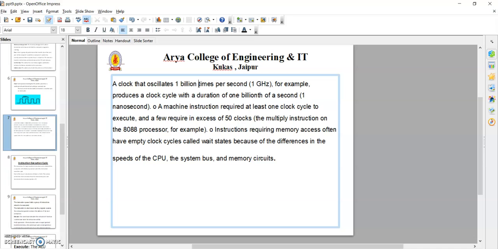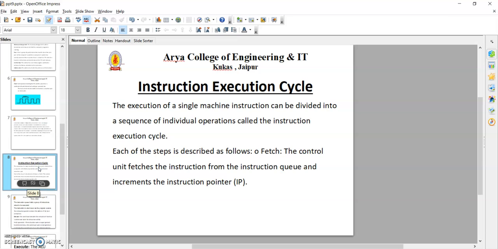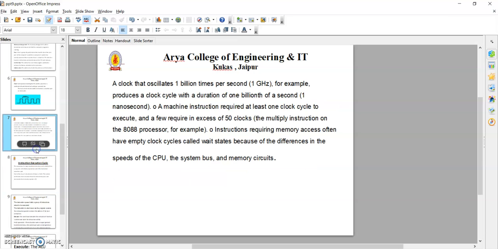Instructions that require memory access often have empty clock cycles called wait states because of the differences in the speed of the CPU, the system bus, and the memory circuit. So this is the basic thing about the computer architecture subject.